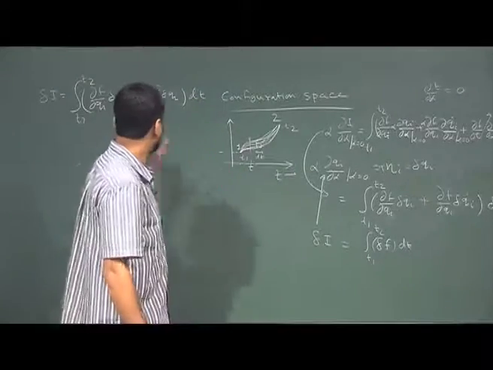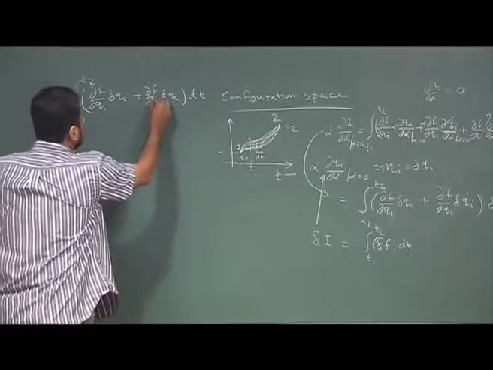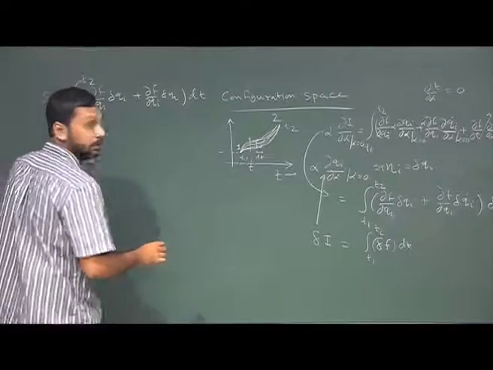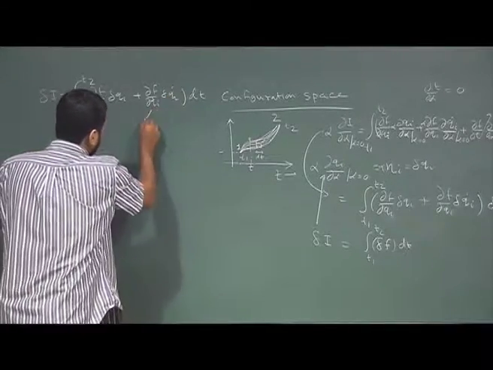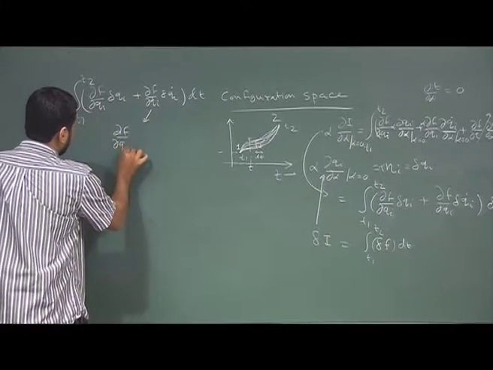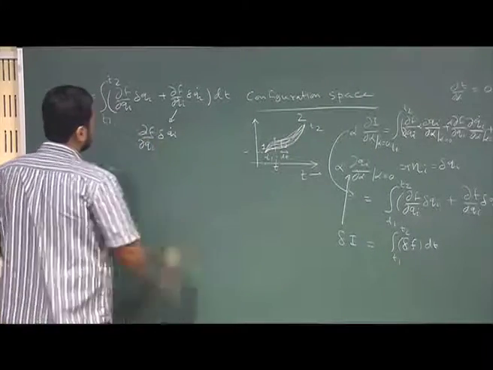So we derived up to this, and from here what we need to do is take this particular term, del f del qi dot delta qi dot.